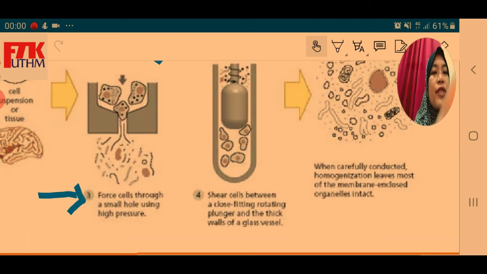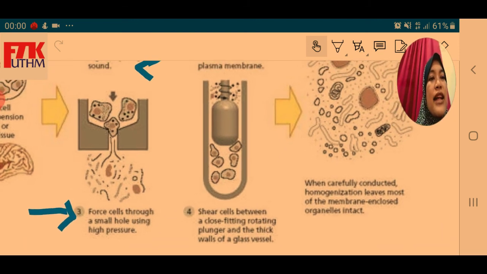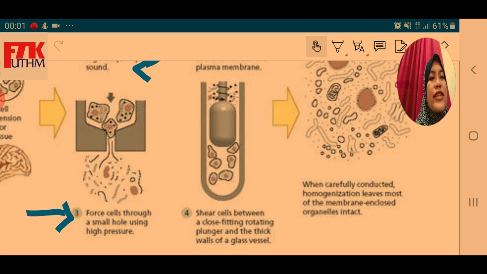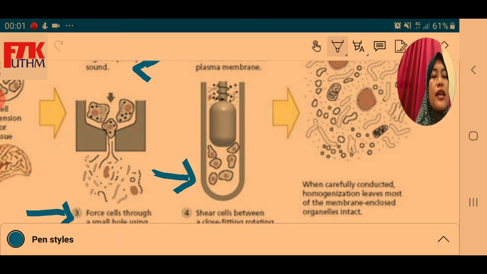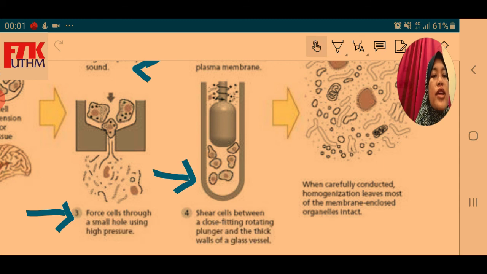And the fourth one is to shear the cells between a close-fitting rotating plunger and the thick walls of a glass vessel. This is a type of shearing method in order to shear the cells.